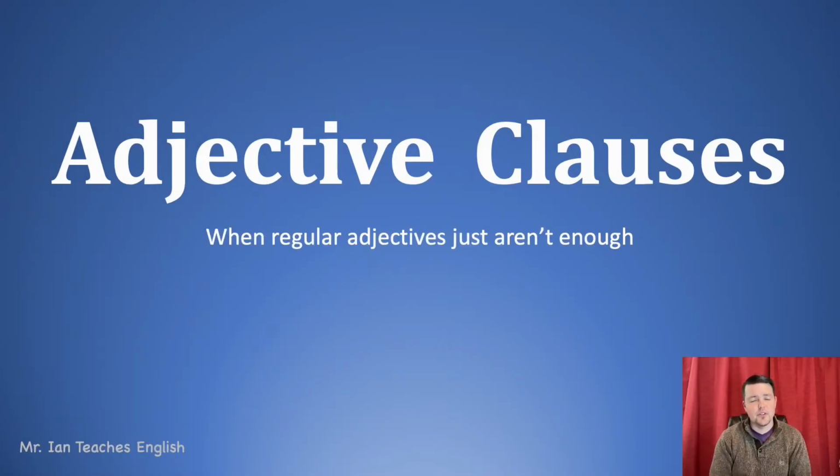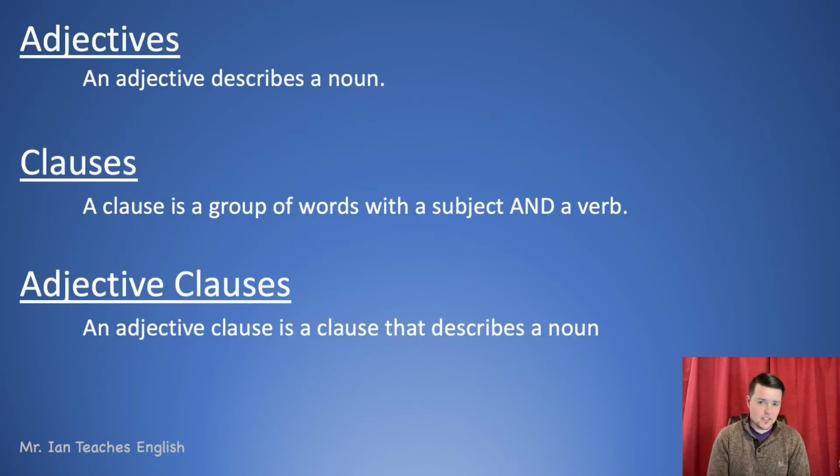All right, let's talk about adjective clauses here. A great way for you to make your speaking and your writing a lot more complex. So adjectives. You know what adjectives are. These are words that describe nouns. Clauses, you should know what this is because I released a video about it last week. Clauses are a group of words that have a subject and a verb. It's important that there are both.